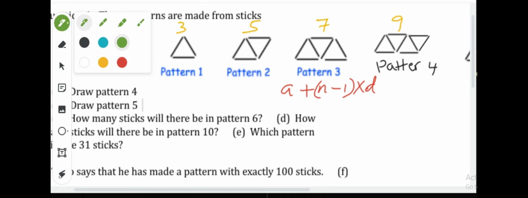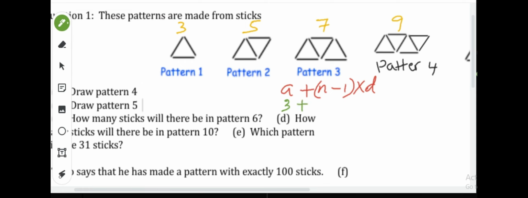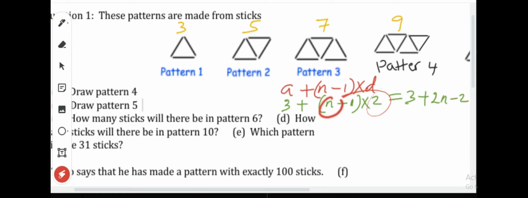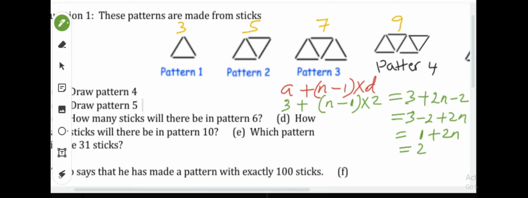So we have 3 plus (n minus 1) times 2. That gives us 3 plus 2n minus 2, which is 3 minus 2 plus 2n, or 1 plus 2n, or if you like 2n plus 1. These two are the same.